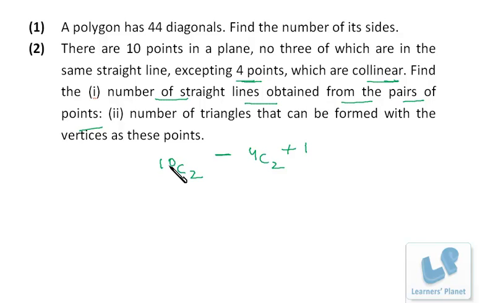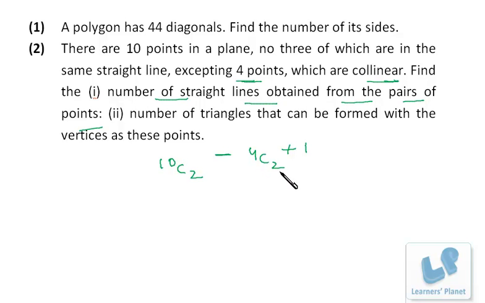I repeat it once again. We can form a line by a combination of 2 points. So in all, from the 10 points, we will be getting 10C2 combinations, but we need to deduct the combinations formed by these 4 points which are collinear.